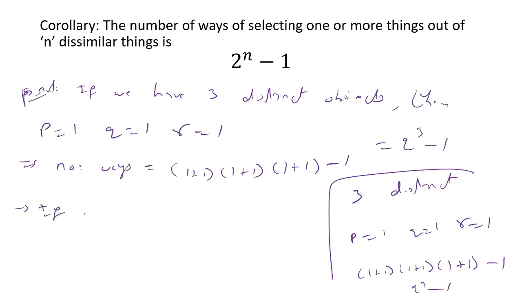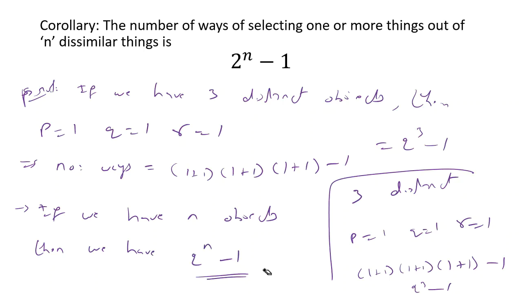If we have n objects, then we have 2 raised to n minus 1. These are the total number of ways in which you can select one or more objects.